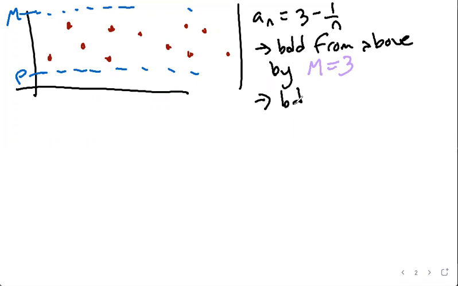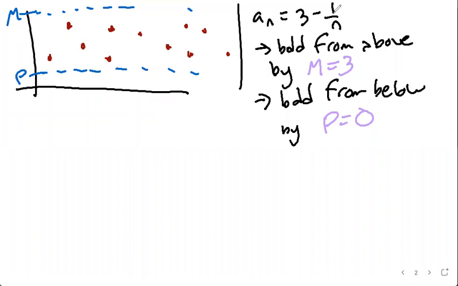It's bounded from below by, let's say, p equal to 0. The biggest thing that we can subtract off here, if n is equal to 1, is 1 over 1, which is 1.